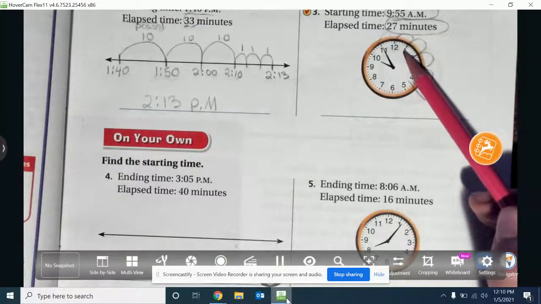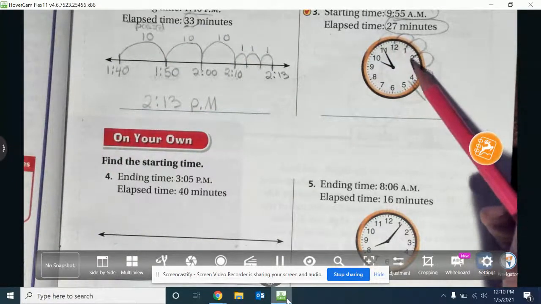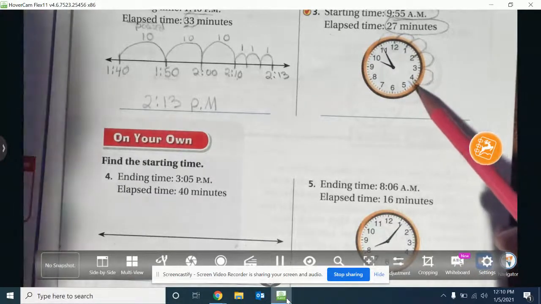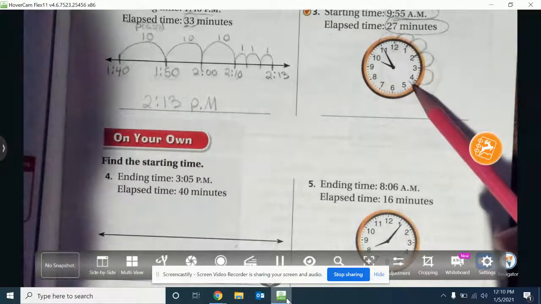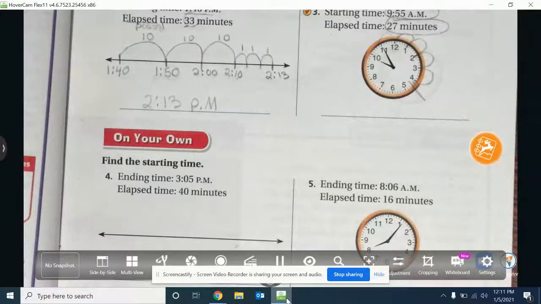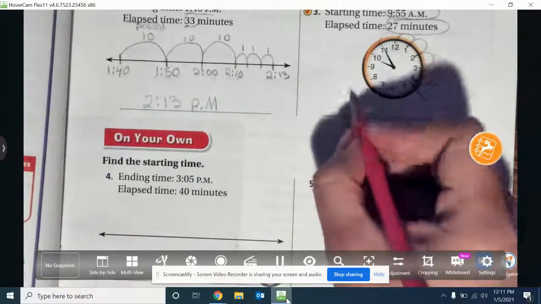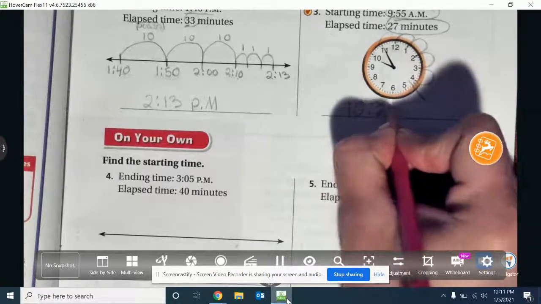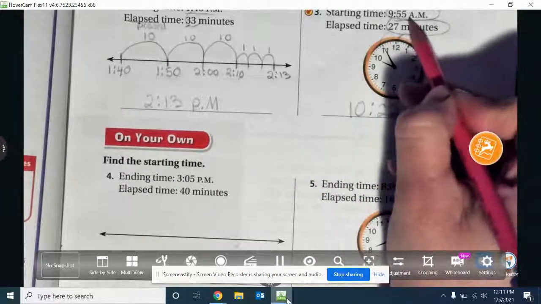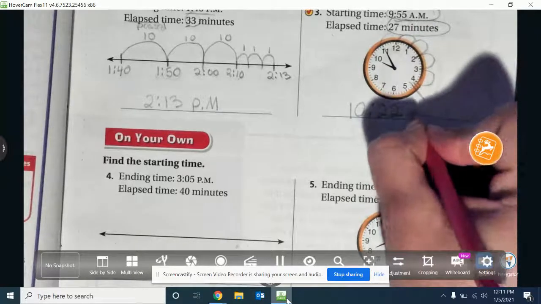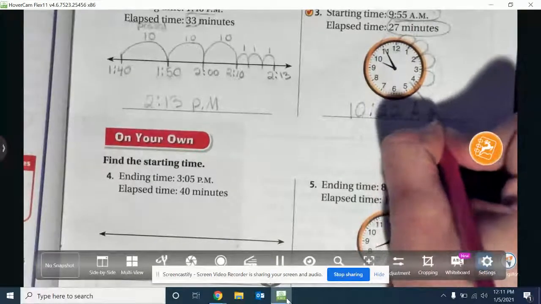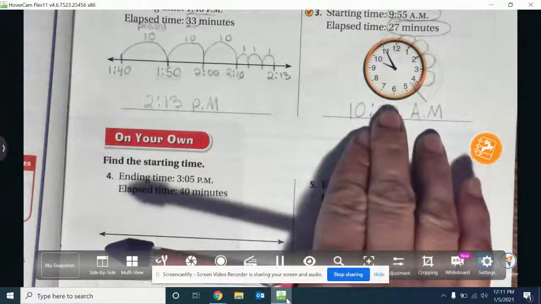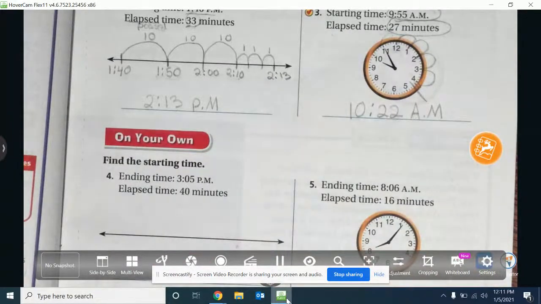So we say 5, 10, 15, 20, 21, 22. It would be 10:22 a.m. Okay, so we have to do 2 steps when it's the analog clock.